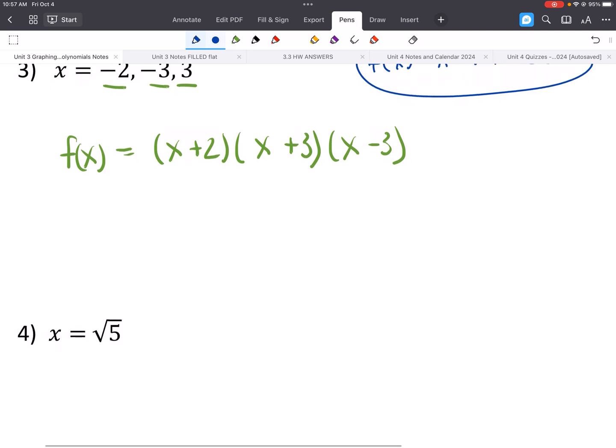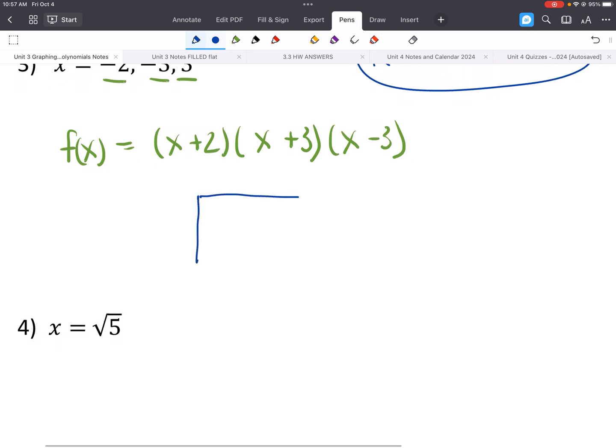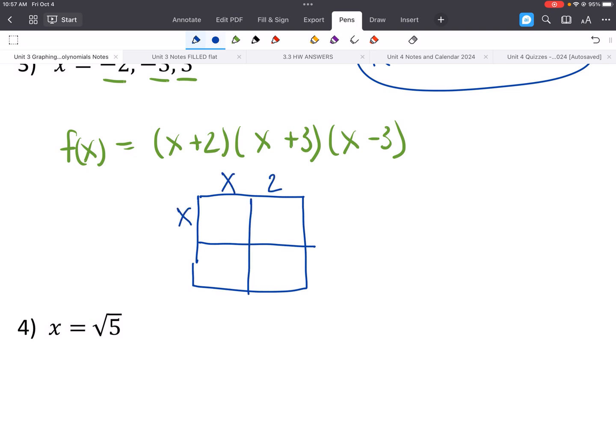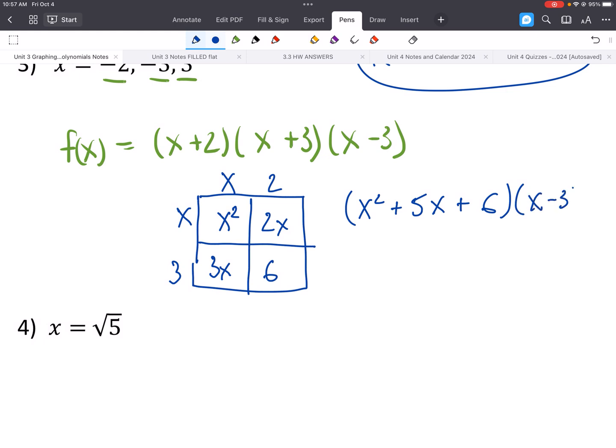So I'm going to do my first box. And you won't have to do this very often, but we would have x plus 2 and x plus 3. So we get x squared, 2x, 3x, and 6. So we'd end up getting x squared plus 5x plus 6, and we want to multiply that by x minus 3.